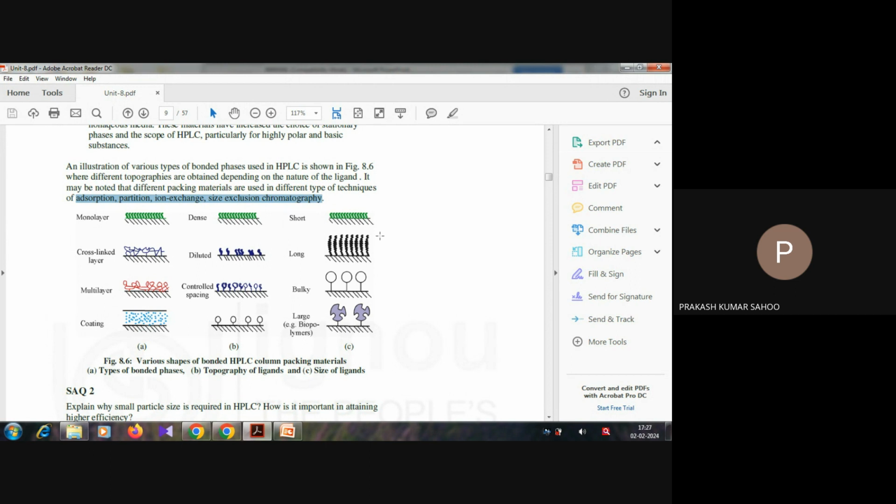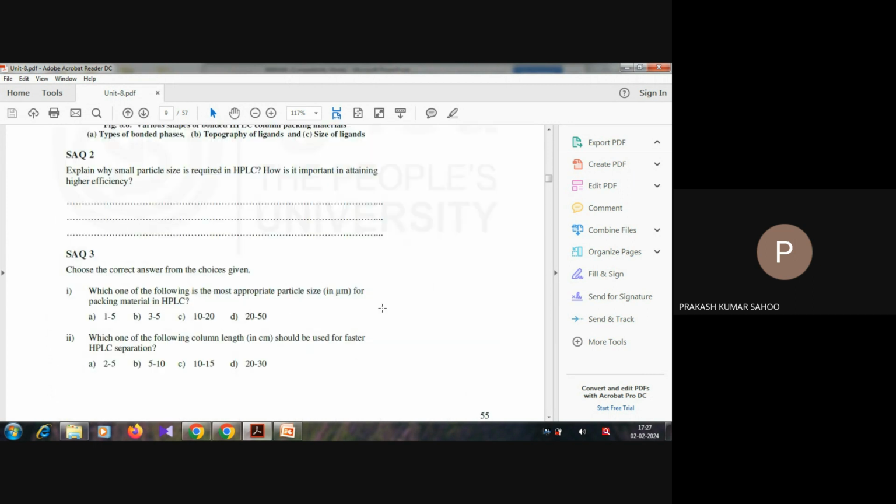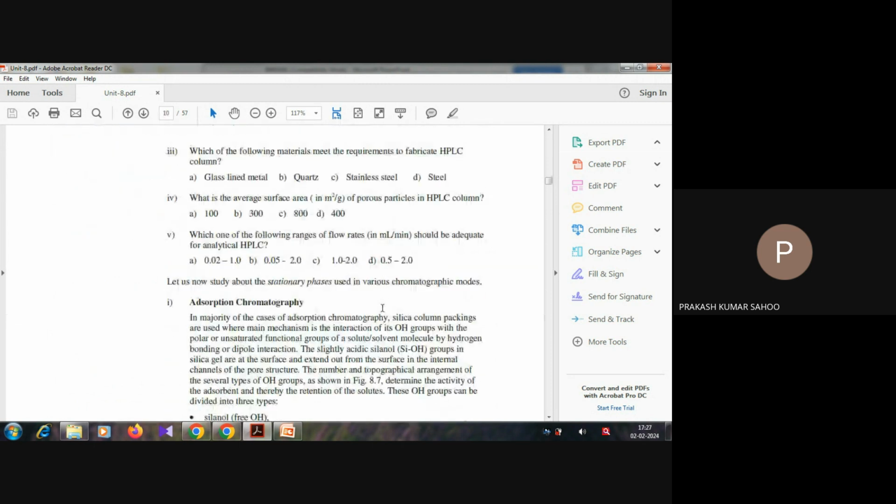Then the third is the size of the ligand, how the ligand size gives a different packing: short ligand, long ligand, bulky ligand, and large ligand. Now, these are some pictorial forms of the type of ligand to be used as the packing material.